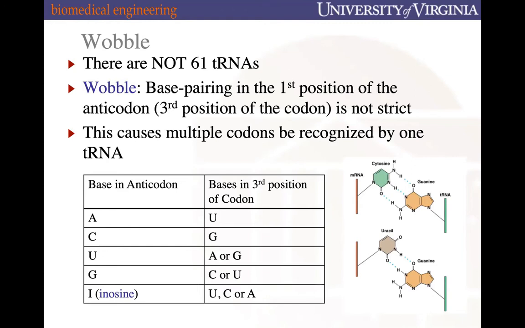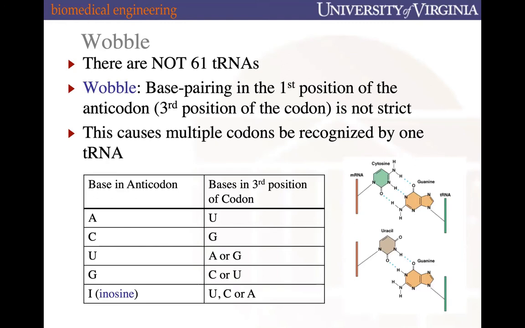And that base pairing is not strict, and there's a lot of flexibility there. Multiple codons can be recognized by one transfer RNA as a result of the flexibility in the base pairing that can occur at the wobble location on the anticodon.